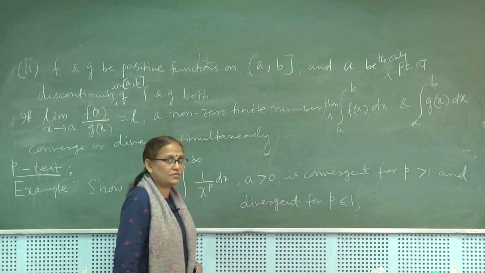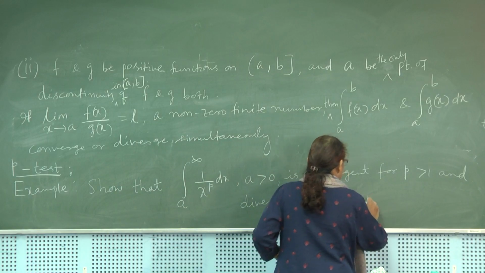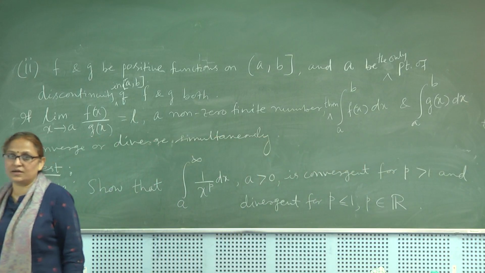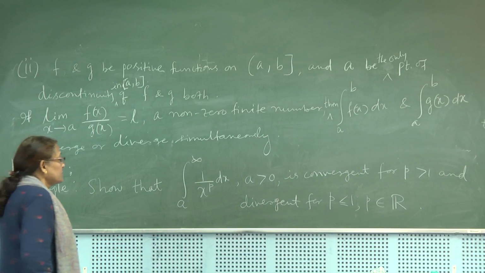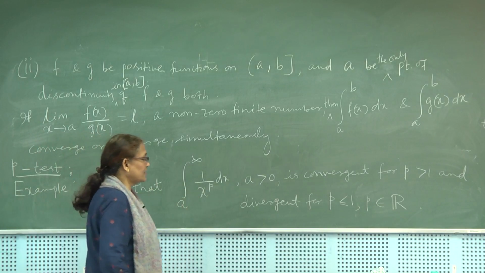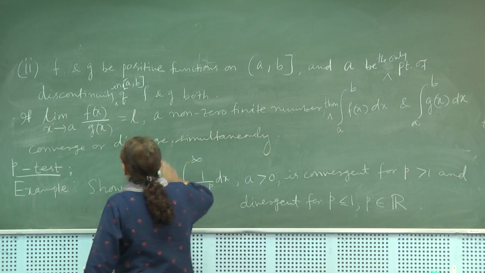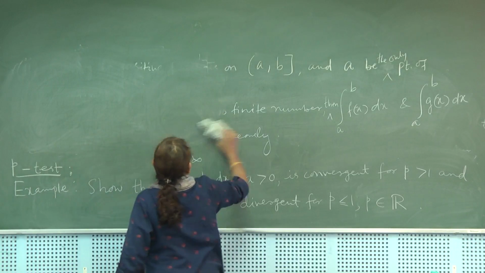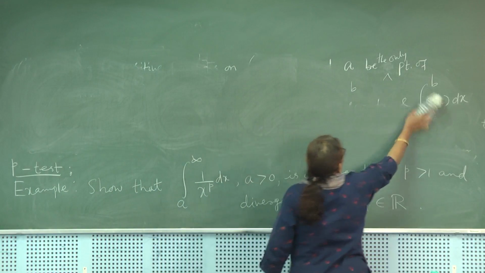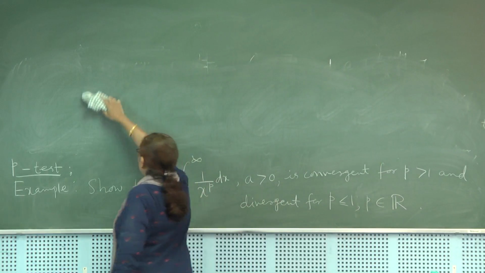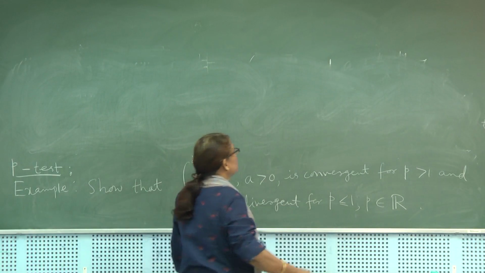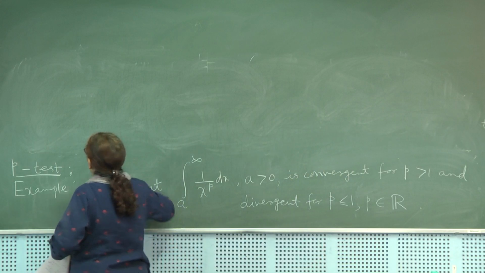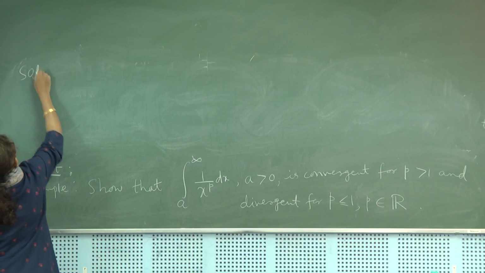Keep in mind that p is a real number, p belongs to R. So, let us check this. We will evaluate this integral and verify the convergence or divergence of the improper integral, and we shall see how it depends on the values of p.